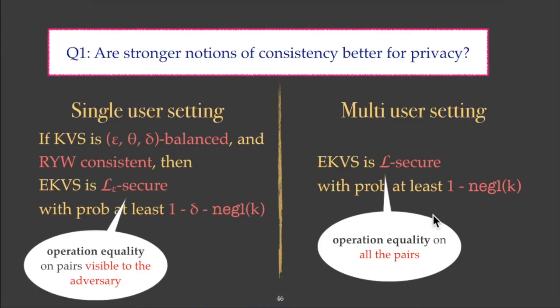So, for example, one question is: are stronger notions of consistency better for privacy? Because we saw that in the single user setting, once we assumed read your write consistency and of course some other properties as well, we could show that we can reduce the leakage. So the question is whether, by assuming stronger notions of consistency, we can improve privacy as well.